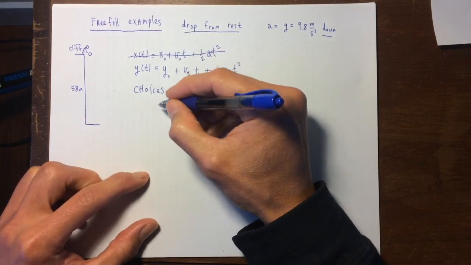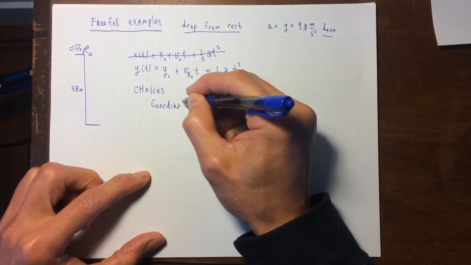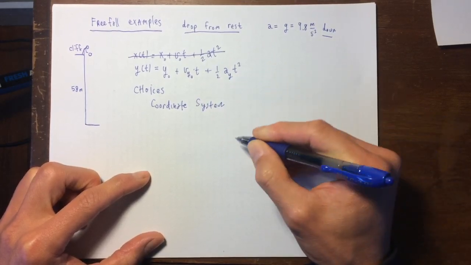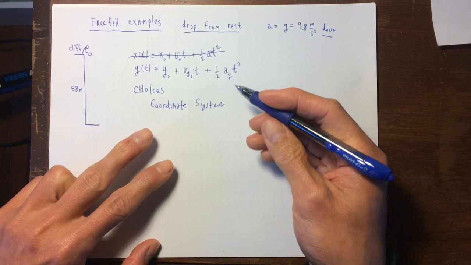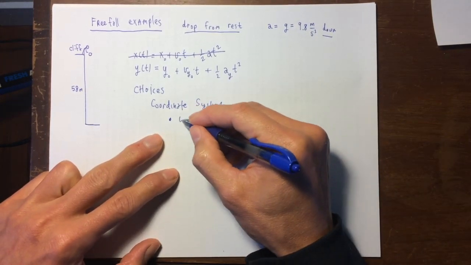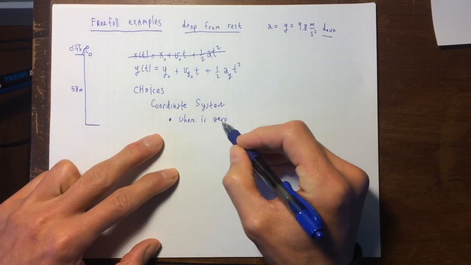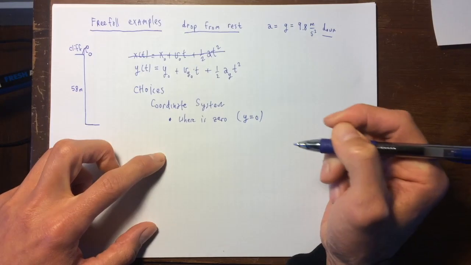Another choice has to do with the coordinate system you're going to use. The coordinate system choices involve two separate choices. One of the choices is where is 0, in particular, where is y equals 0.